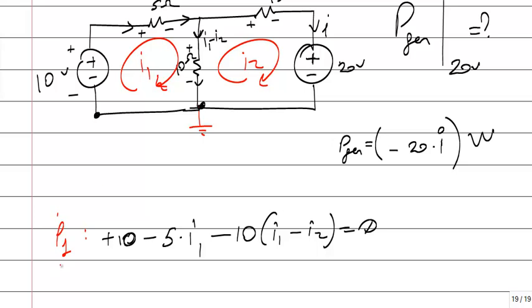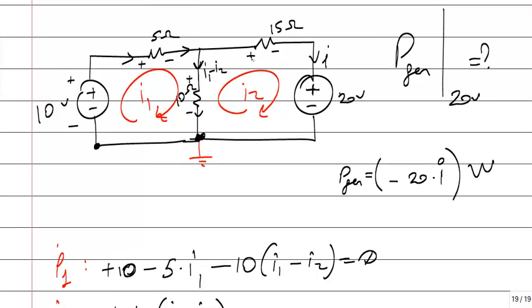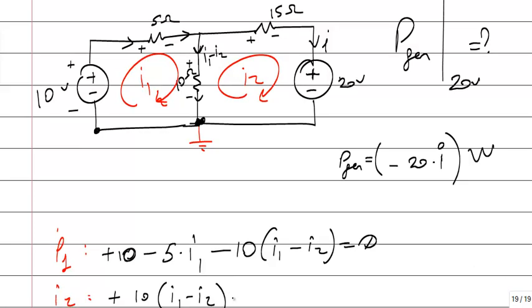Let's write the second mesh equation. Okay. From minus to plus, it means there is a voltage increase. I will say plus. Resistance times the current. Okay. I'm writing this. Then from plus to minus, there is a minus 15 current.